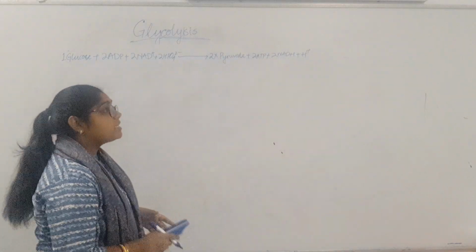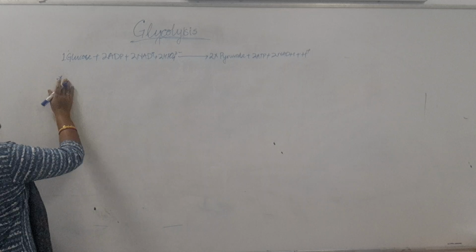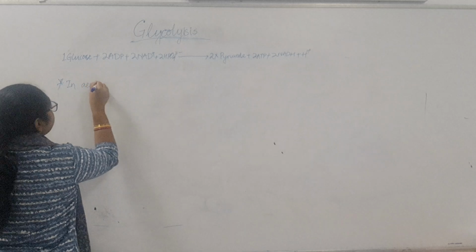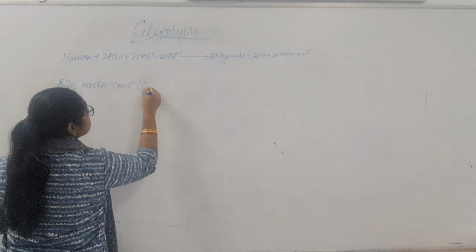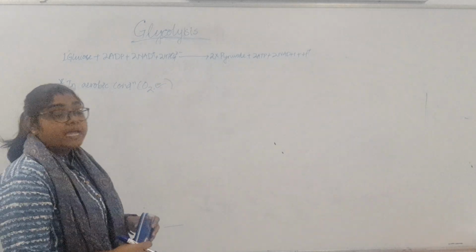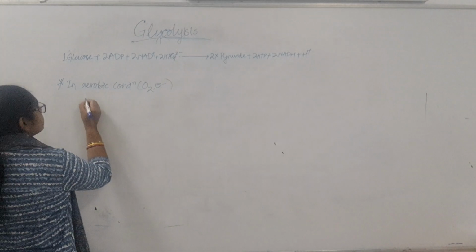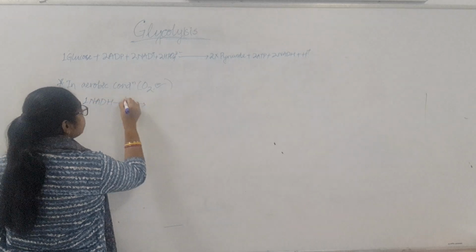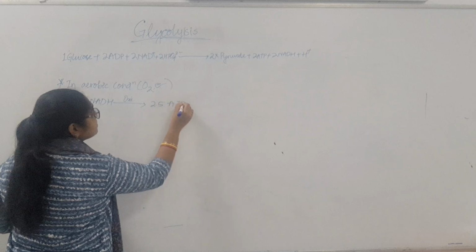ATP is the form of energy. So here in the presence of aerobic conditions, that means in the presence of oxygen, NADH will be oxidized to produce ATP. In the presence of oxygen, 1 NADH gets oxidized to produce 2.5 ATP.